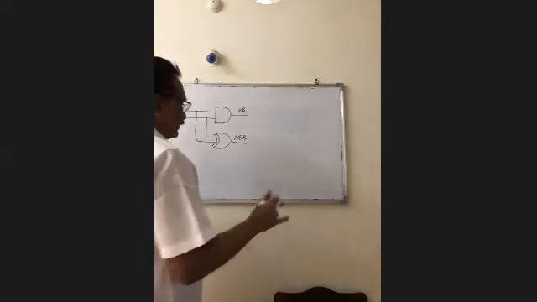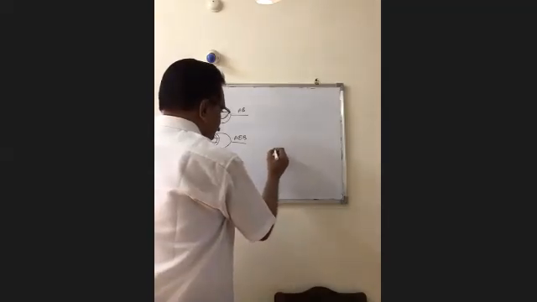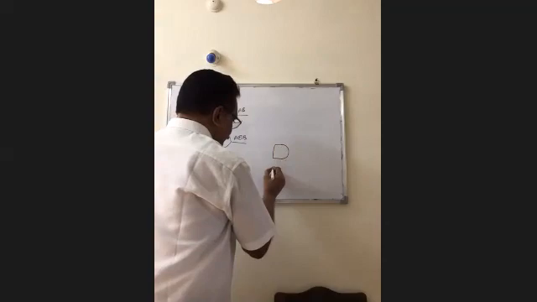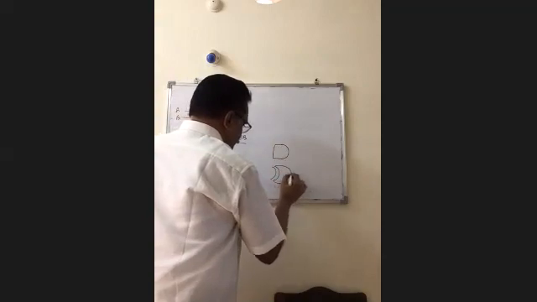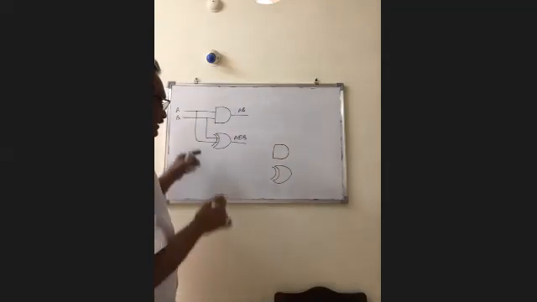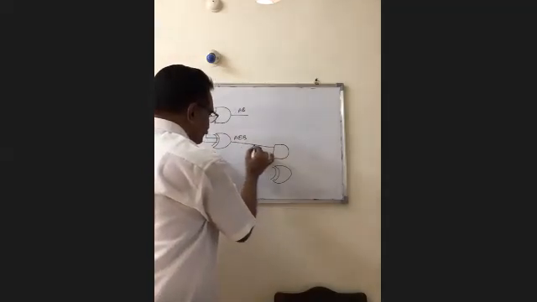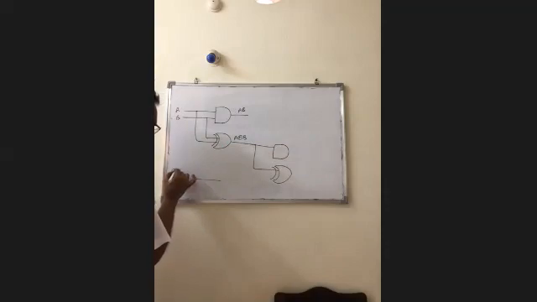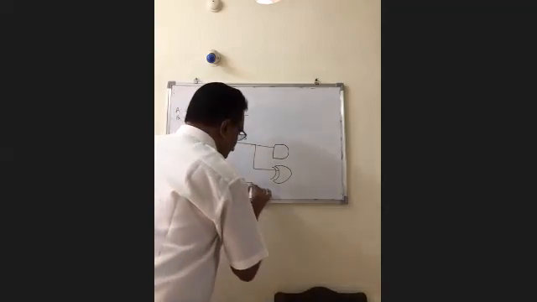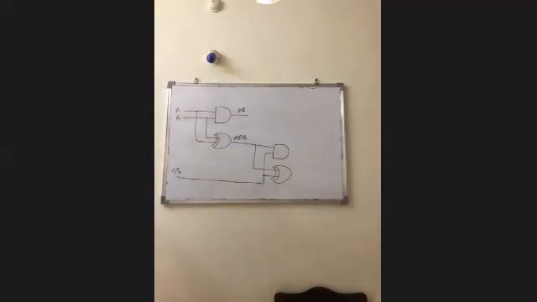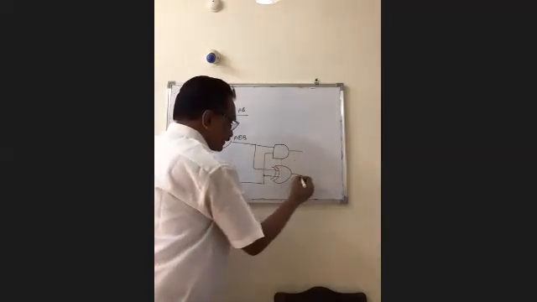For the second block it also requires a half adder. For the second half adder, what are the inputs? The sum output of the first half adder, and the second input is C. This is the first half adder and this is the second half adder.